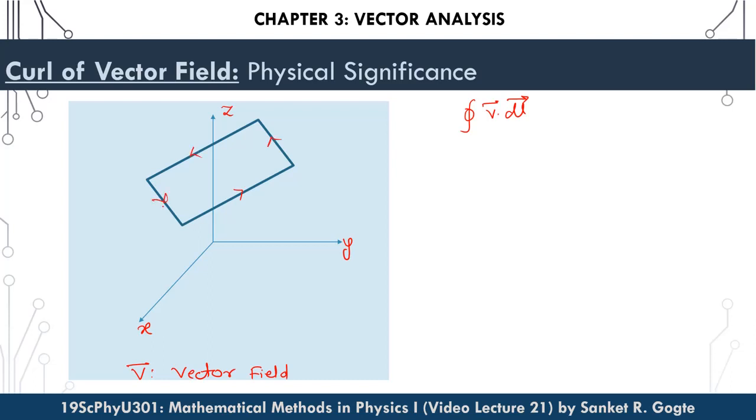Now we have just said that this line integration over a closed path can be assigned direction, which can be calculated by using the right hand thumb rule. We hold our right hand such that the four fingers except the thumb are rotated along the direction of the path, and then the thumb gives us the direction of the line integration.